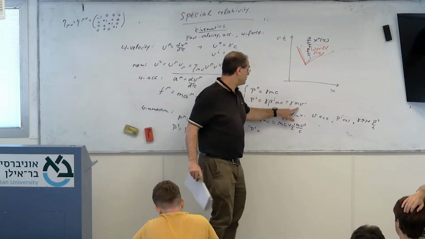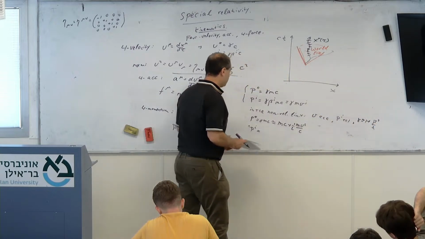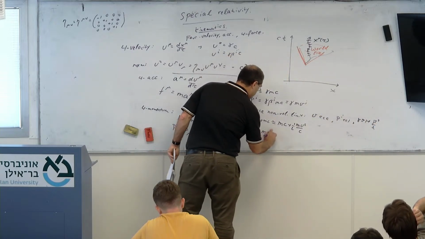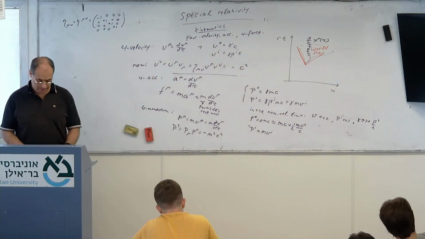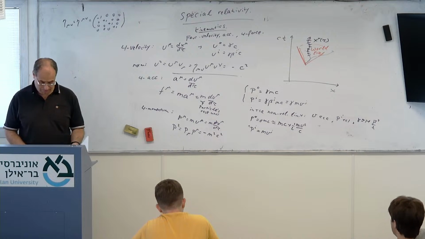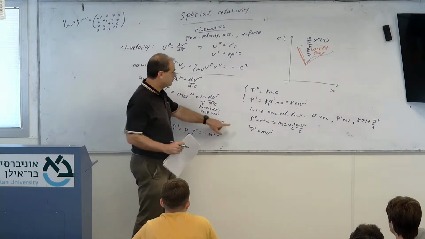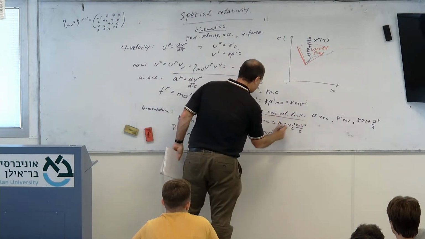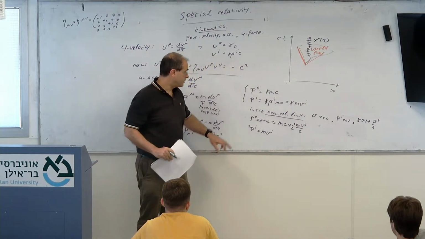Just m v i, because I don't need the gamma, since the correction would be third order. This is the Newtonian momentum.